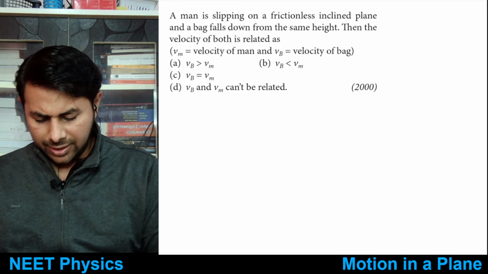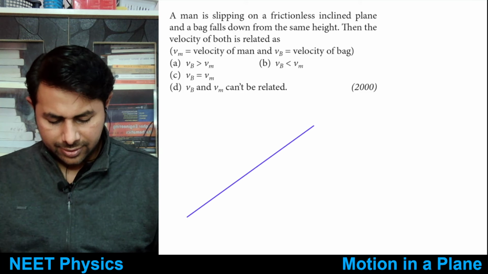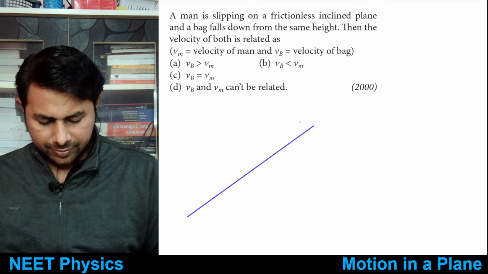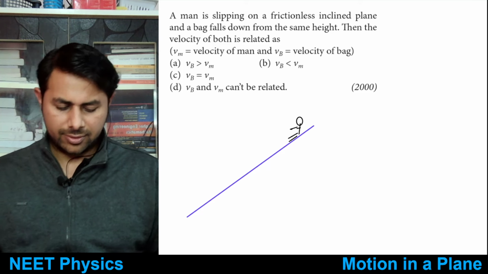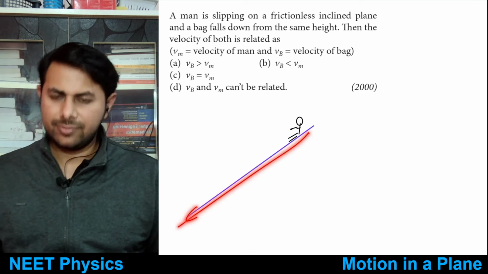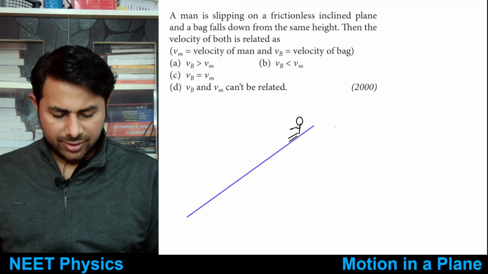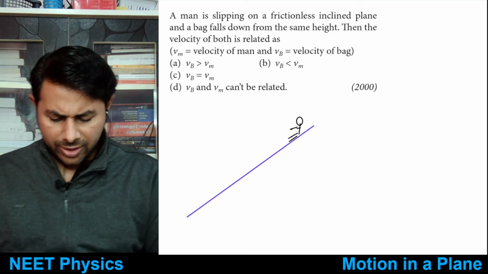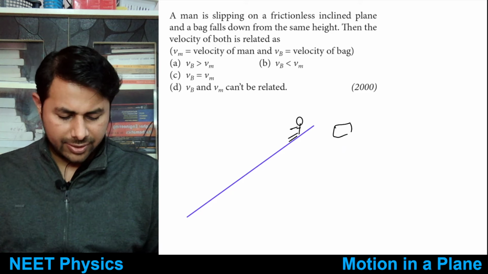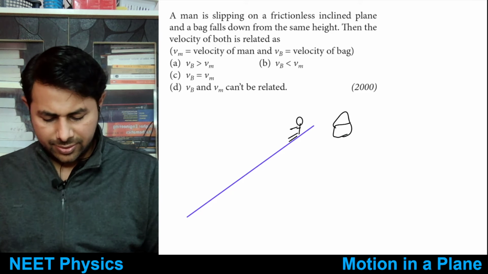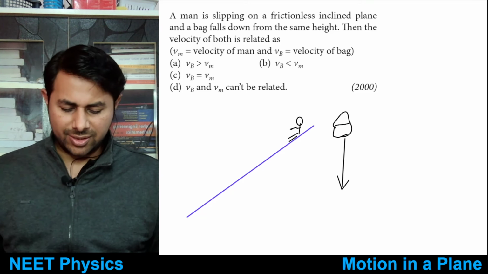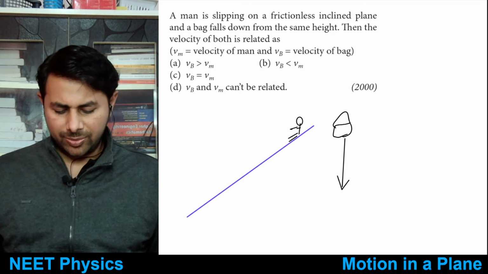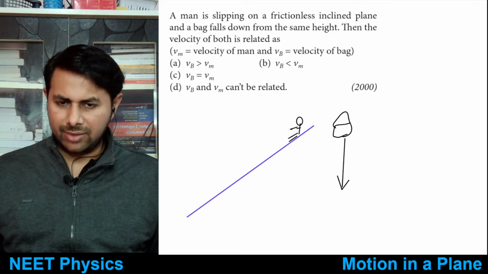Okay, so there is an inclined plane like this and man is slipping on this plane, and a bag falls from that height, from the same height. So what will be their velocities? Which one would be greater? Option A, velocity of B is greater than velocity of M.